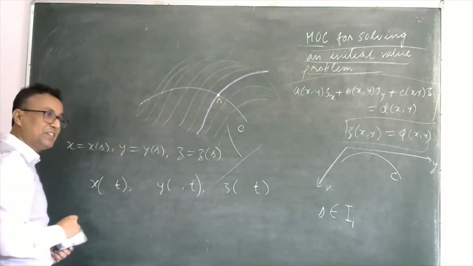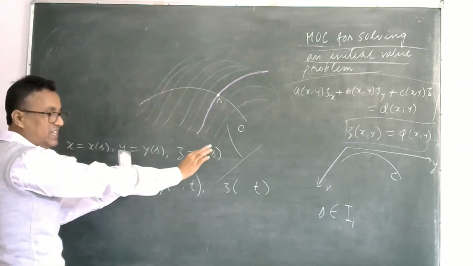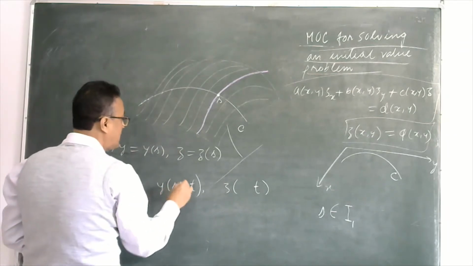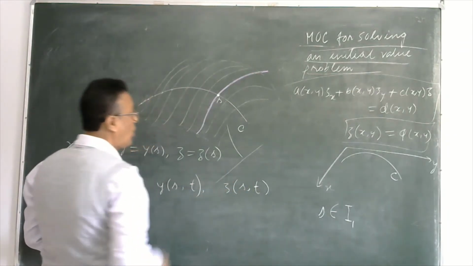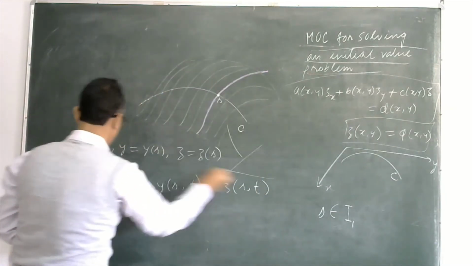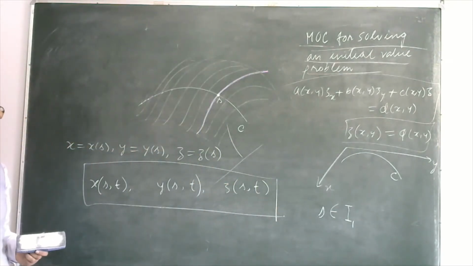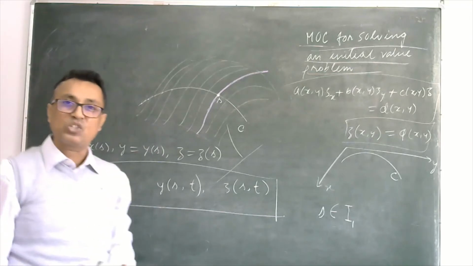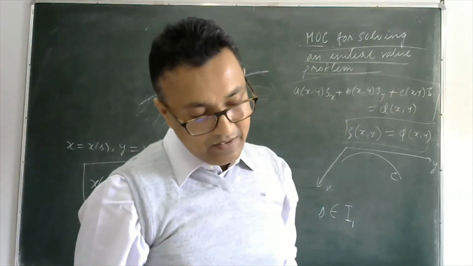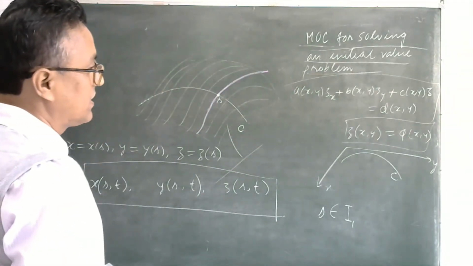That means eventually I can have a parameterization of all (x, y, z) lying on this surface through this representation of x, y, z as a function of two variables s and t. Is it okay?